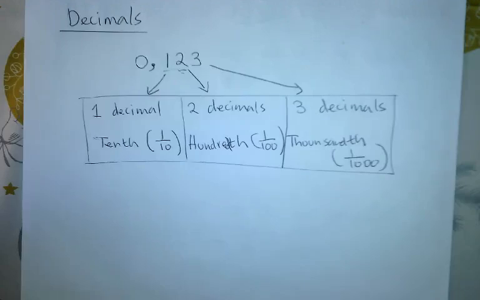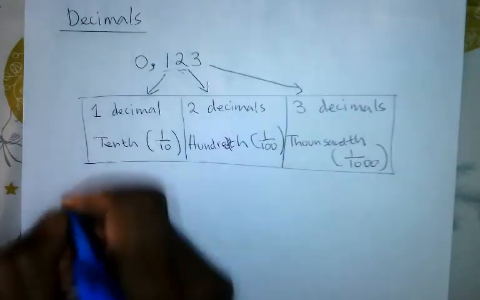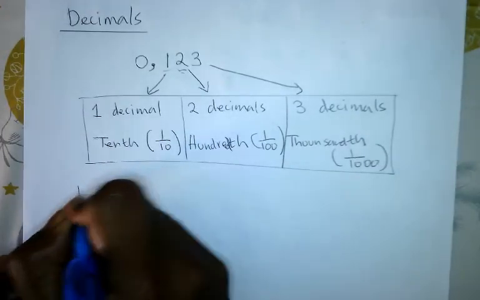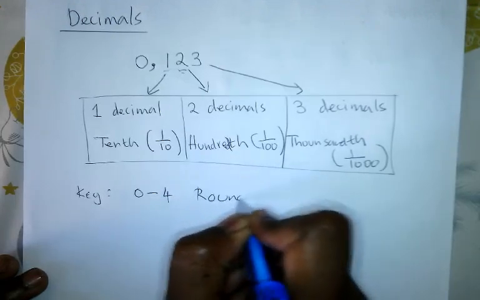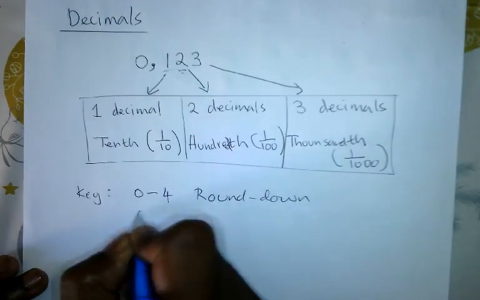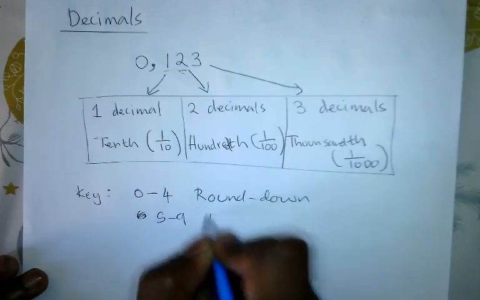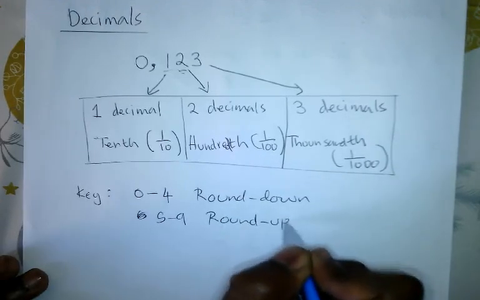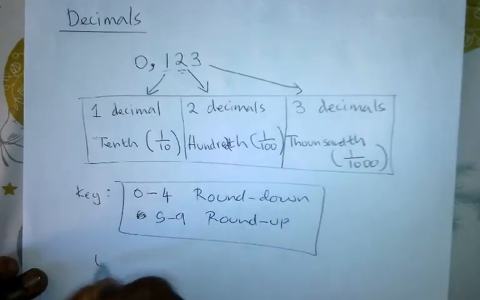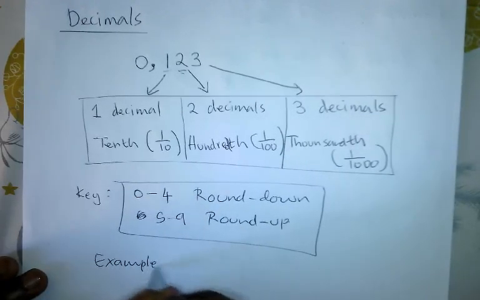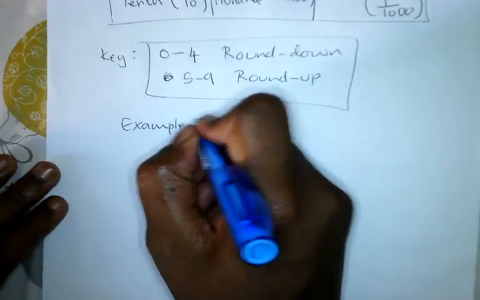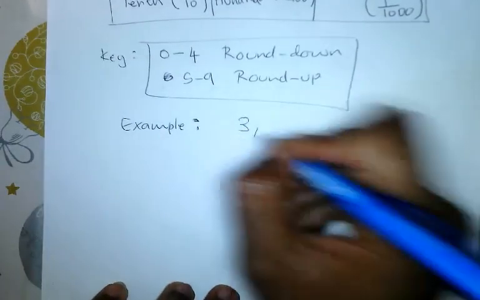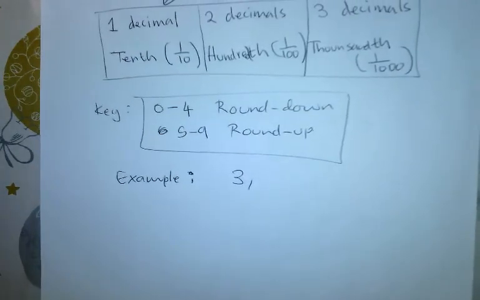So the same applies. Between 0 and 4, we round down, between 5 and 9, we round up. Let's do an example together, 3,469.